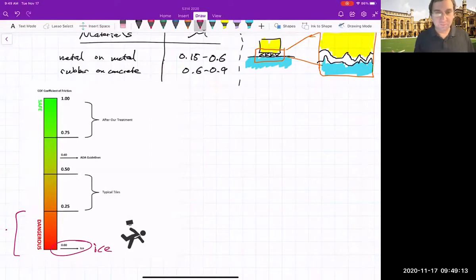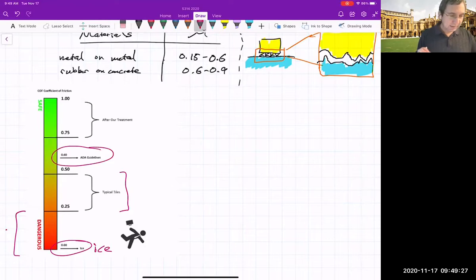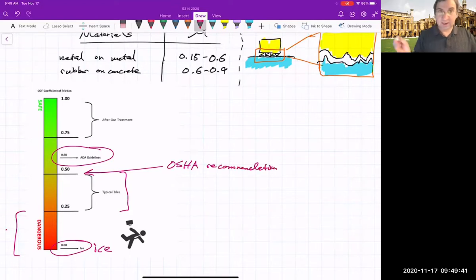somewhere near the bottom. Typical tile floors, this is why you tend to slip on tile floors, are in this range, 0.25 to 0.5. The ADA guidelines say that you need to be at 0.6. But I think OSHA only demands, that's the Occupational Safety and Health Administration, I think it recommends 0.5 or somewhere near 0.5 for safety.